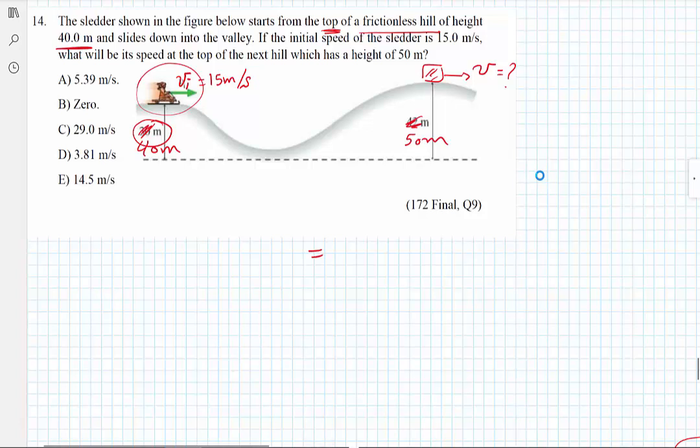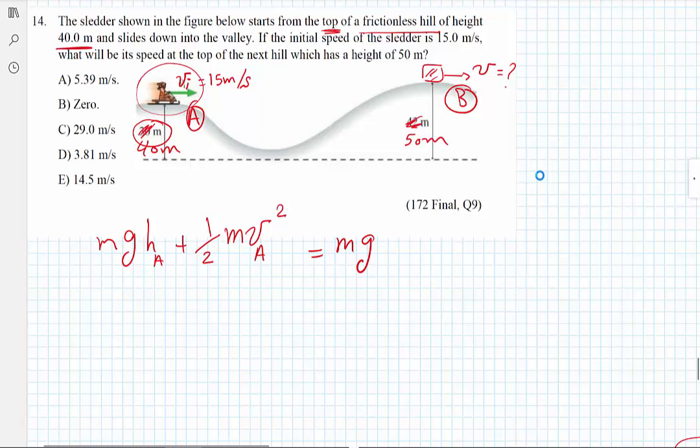So we will equate the mechanical energy at point A to the mechanical energy at point B. Mechanical energy at A is m g h_A plus its kinetic energy, which is half times m times v square. Of course the speed here is not zero, because he said the speed is 15 meters per second. And this is equal to the mechanical energy at the end, which is m g h_B plus half times m times v_B square.